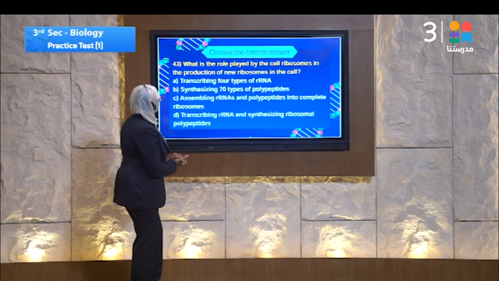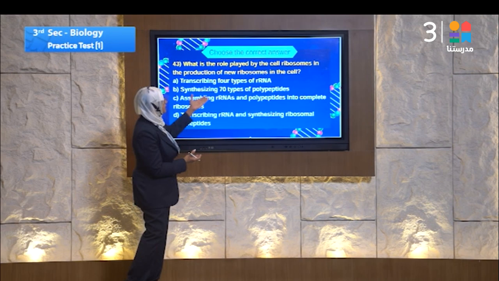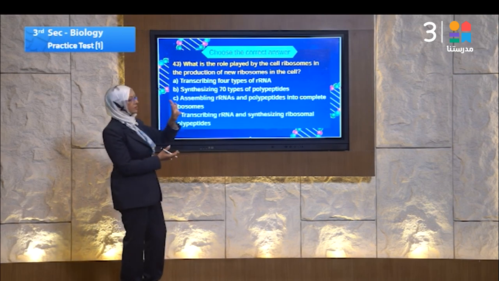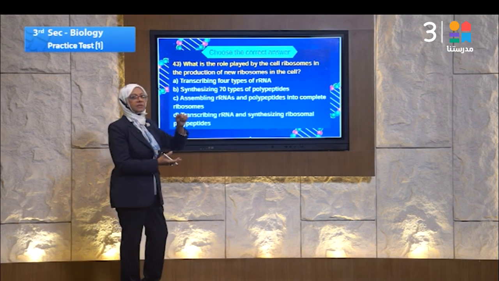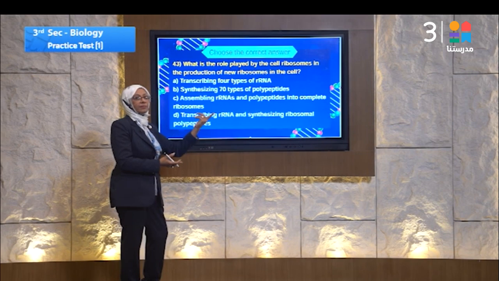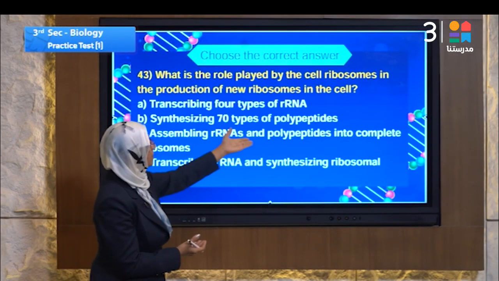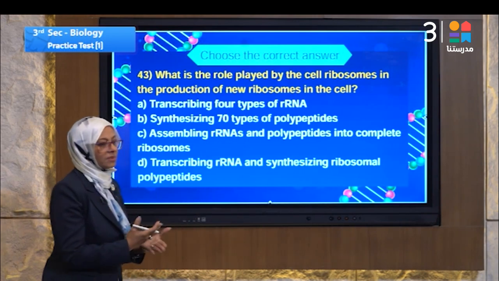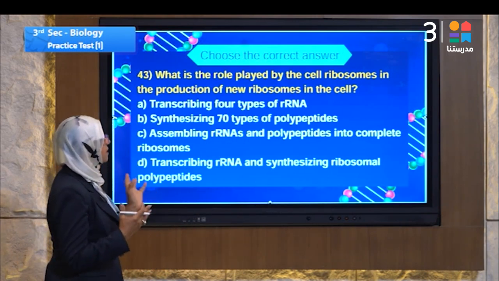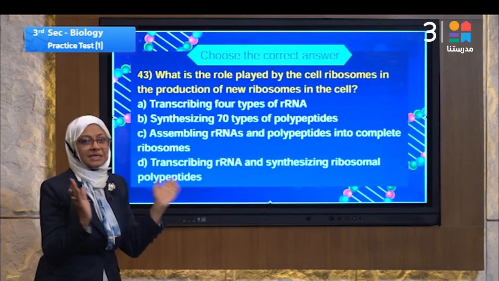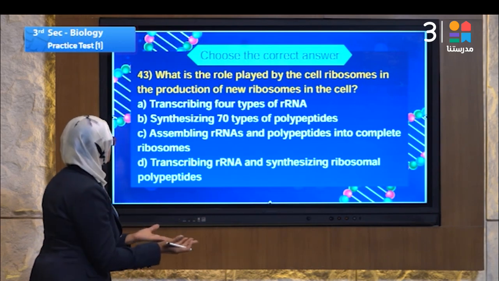Number A, transcribing 4 types of RNA. Yes, that's one of the steps, not all the steps. Number B, synthesize 70 types of polypeptide. Yes, it must be. Make 70 types of polypeptides to make these steps to make more ribosomes.